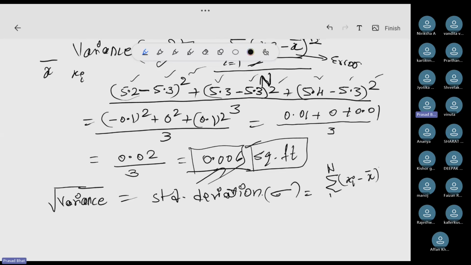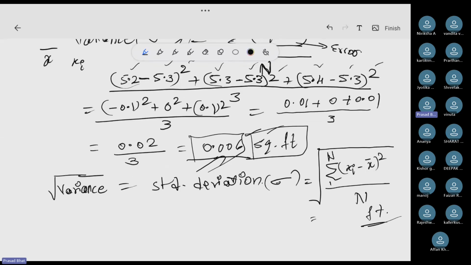The square in the unit gets rooted and we get the unit back.